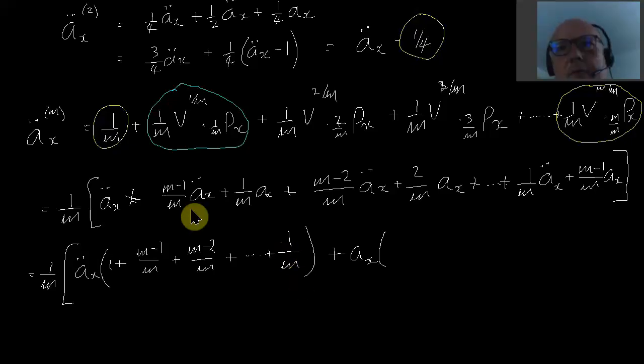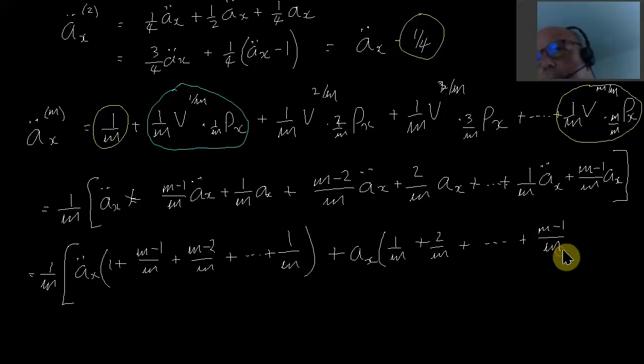So ax, we've got 1 over m, 2 over m, etc. 1 over m plus 2 over m plus, up to, plus m minus 1 over m.